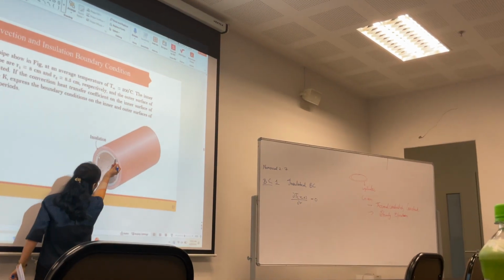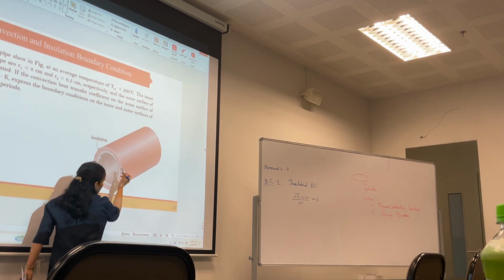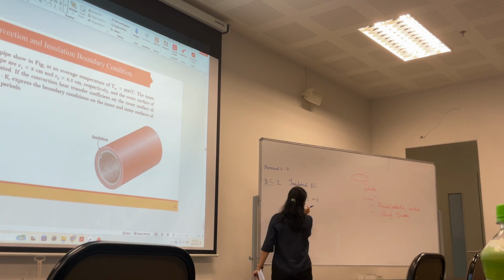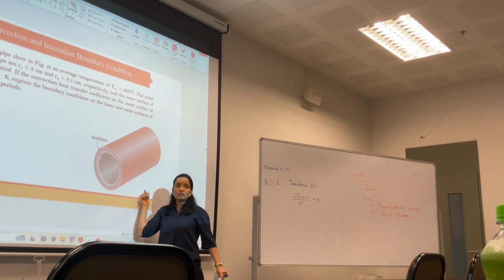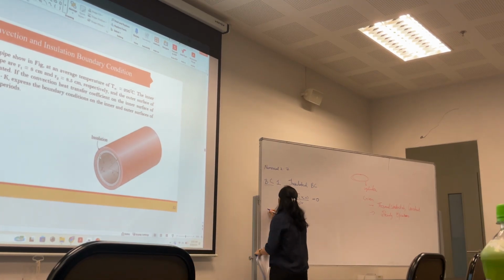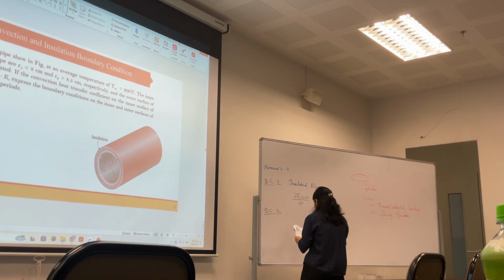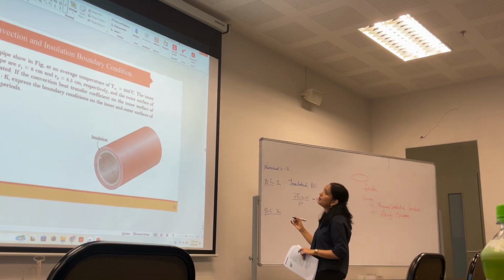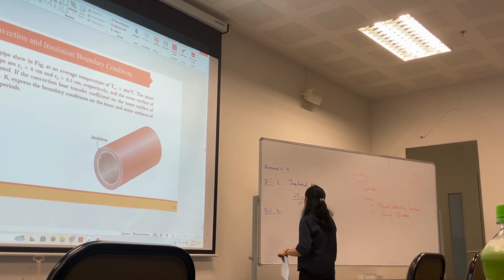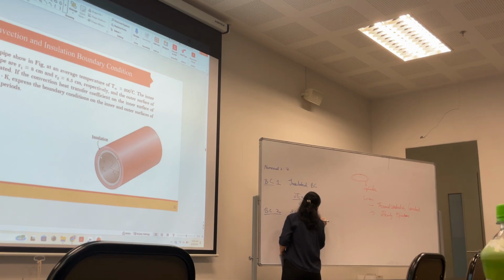Here, R2. There are two radii, R1, R2. So the insulation boundary condition is here, at R2. The heat transfer is 0. No heat transfer from here to outside. Specified temperature.